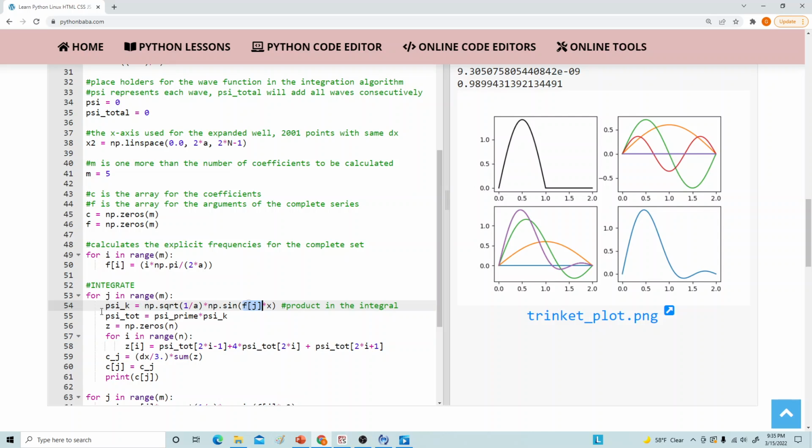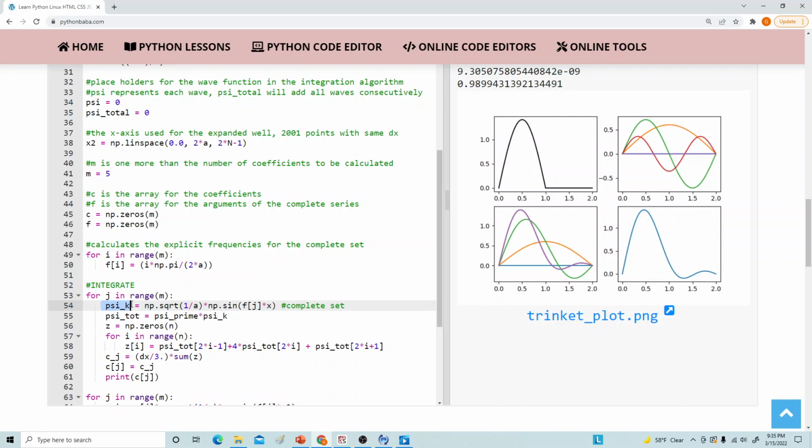So this represents, I'm sorry, this is not the product of the integral. This is the complete set. I'm sorry. It's been a few days since I've coded this, so I apologize. This is the complete set.